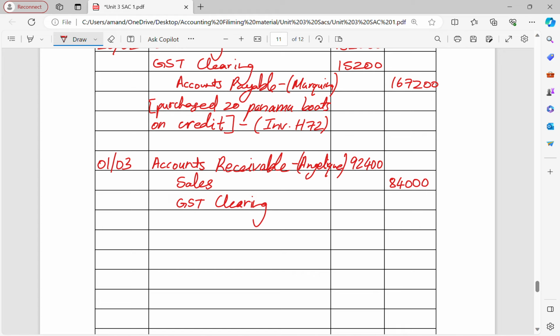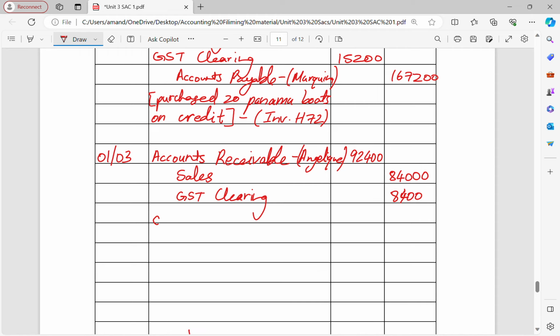And then GST clearing, because it's a sale, so GST is going to increase. I have to pay it back to the government, increase by 8,400. I need to divide by 1.1 to get your sales and then GST clearing.